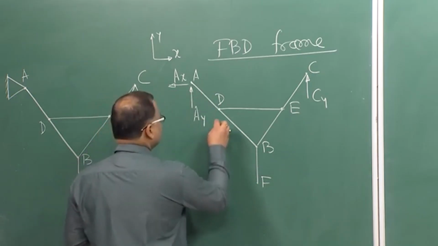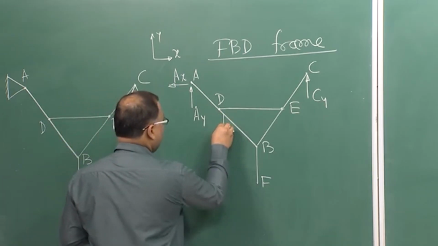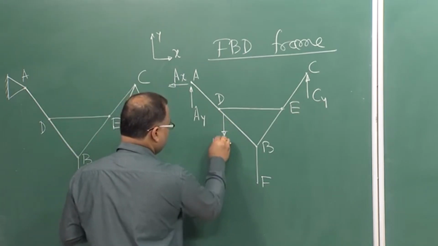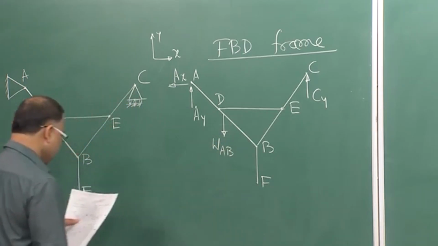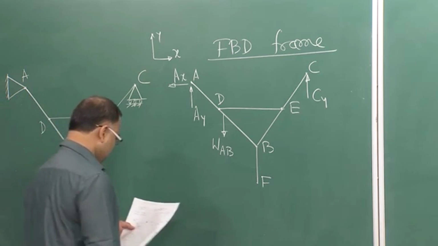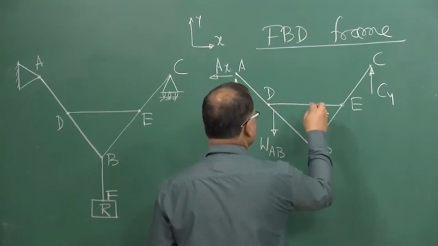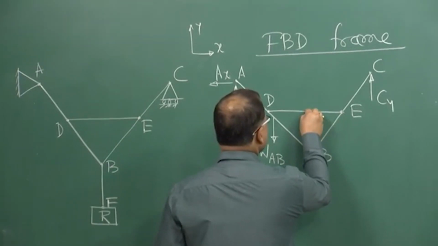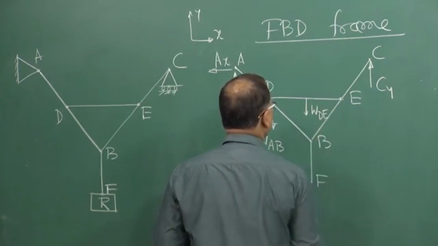so before that, this AB will be having weight. If I consider the weight of the member, AB is a member, say, okay, and DE is a member.